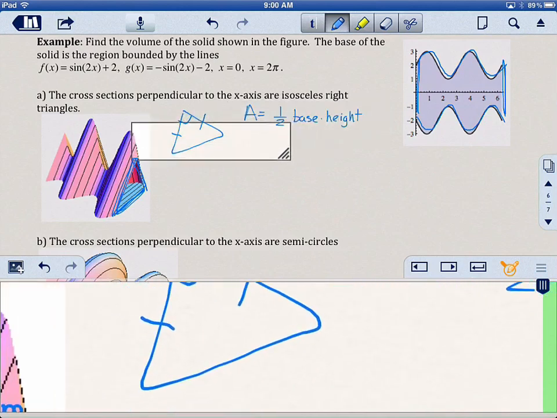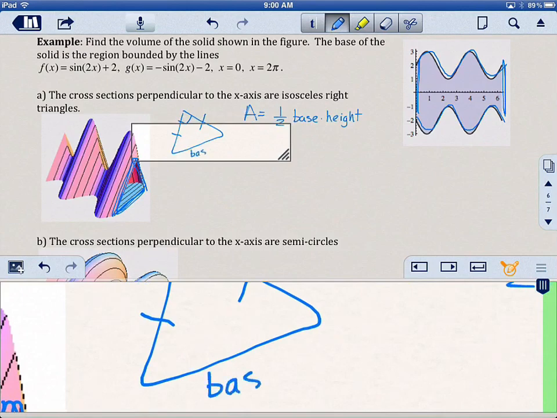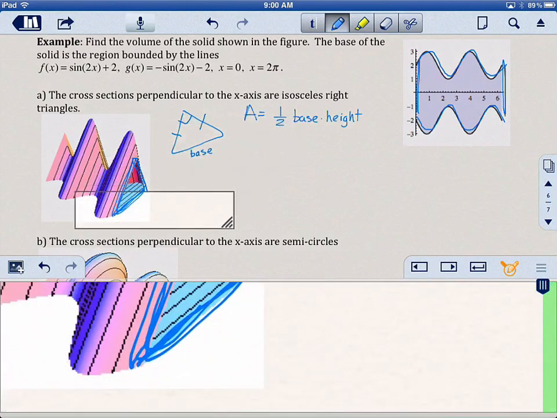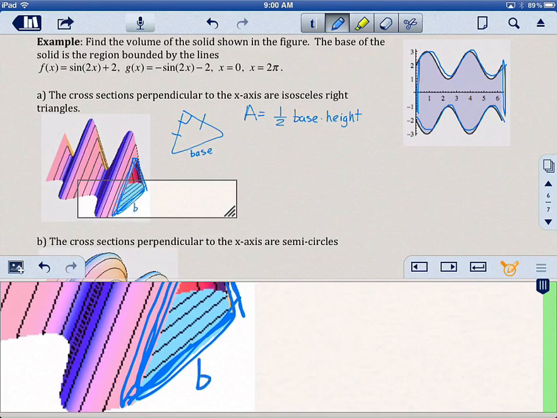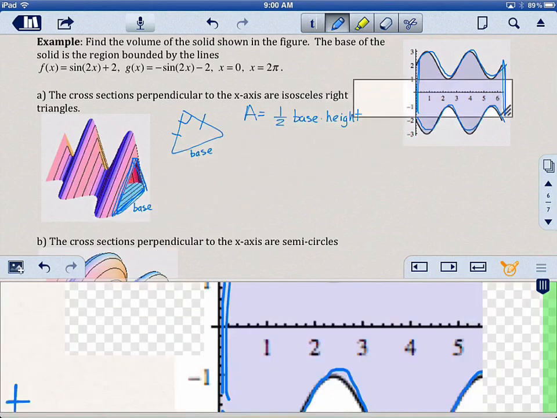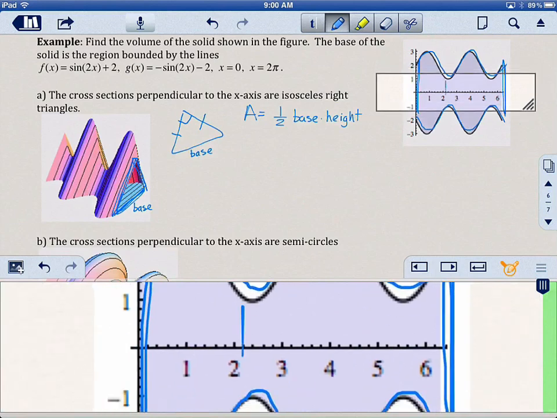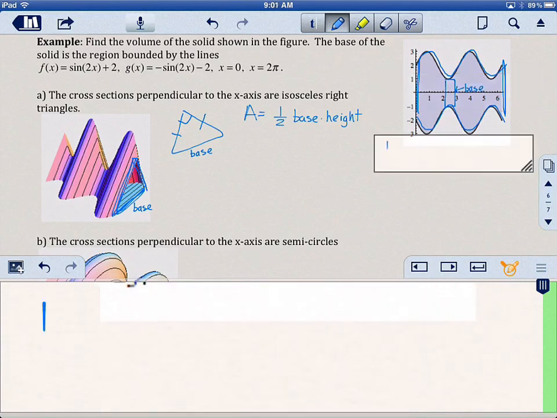Okay, so if we look at this, the base is right here, and basically that's the distance between our two functions on the bottom, and over here it's going to be that representative rectangle. So this is the base right here. So finding the base isn't too bad.